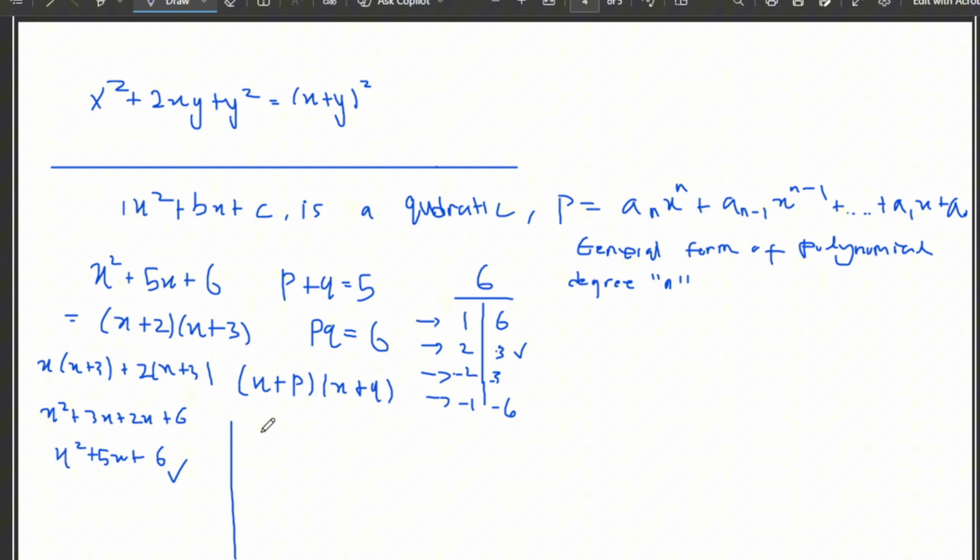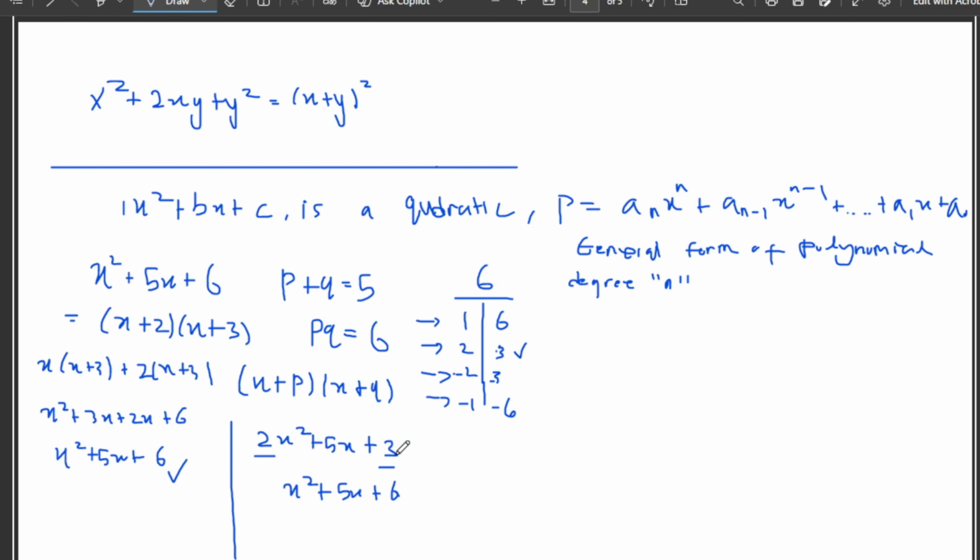What if it has a coefficient? So the highest degree has a coefficient. Let's say it has 2x squared plus 5x plus 3. To solve this, we must multiply 2 by 3. There are multiple ways to solve it, but this is the fastest way in my opinion.